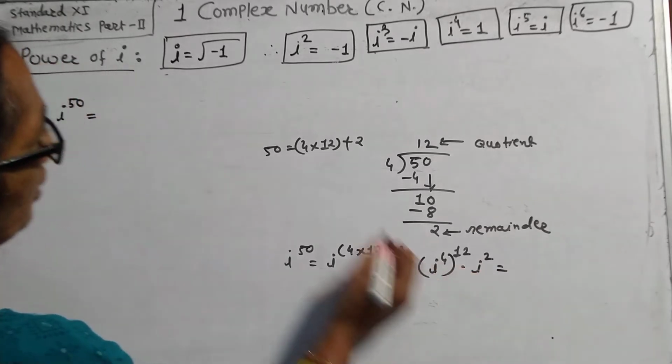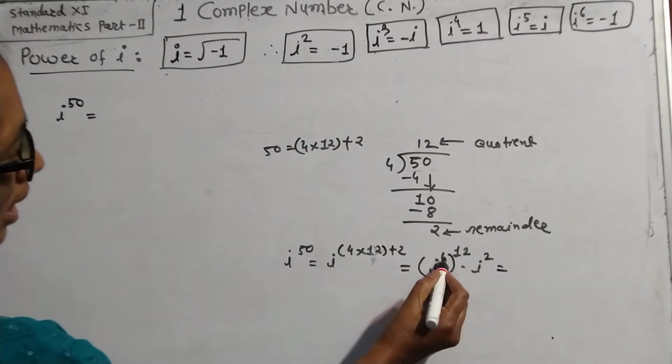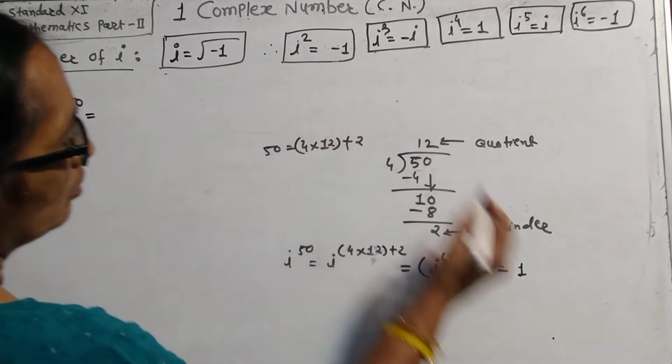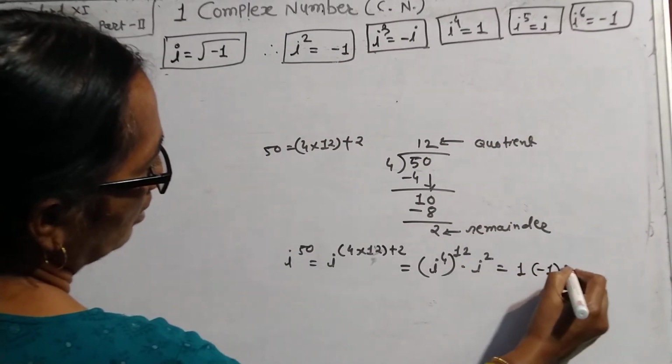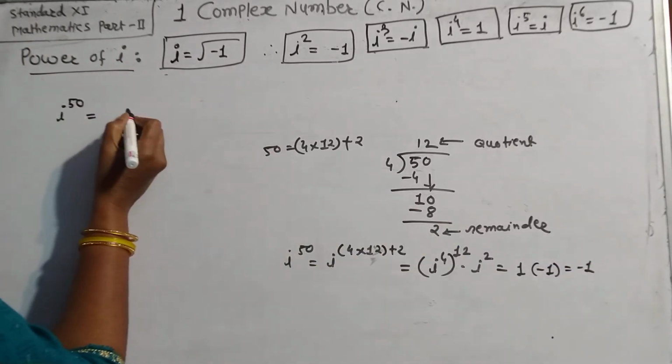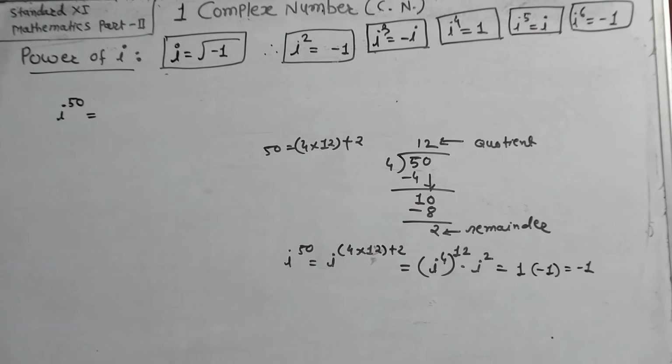Now i raised to 4 equal to 1, 1 raised to 12 is 1, and i square is equal to minus 1. Therefore the answer is minus 1.